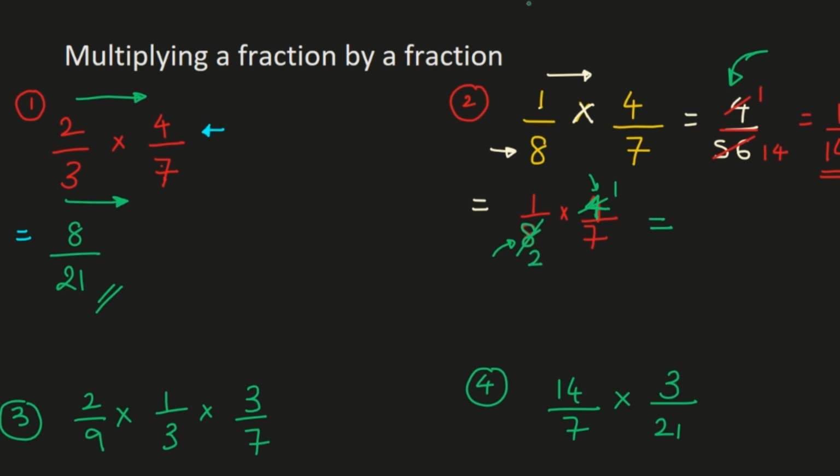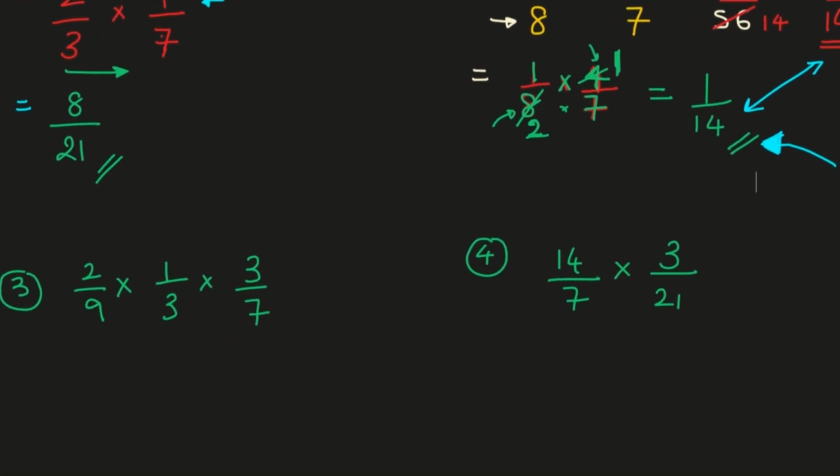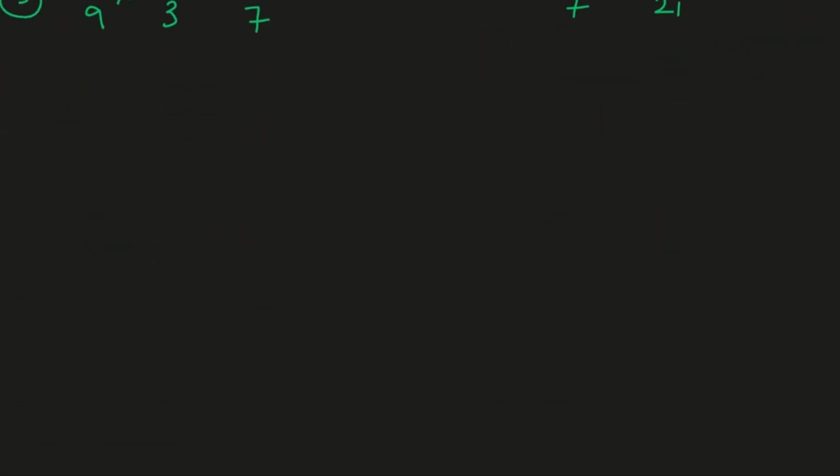Then we can write 1 into 1, the answer is 1. 2 into 7, the answer is 14. So the answer is 1 upon 14. You see, both these answers are equal. So always try to go for the simplified method. It's easy, right?